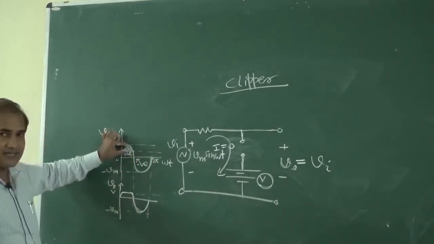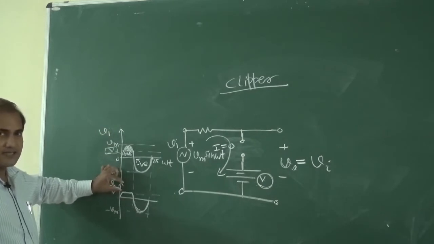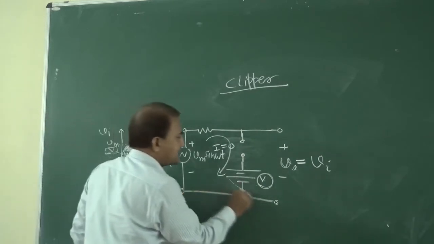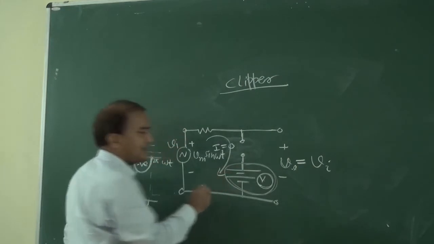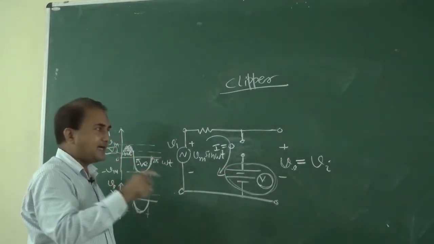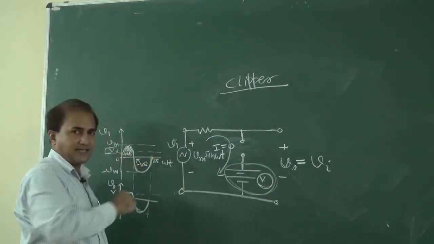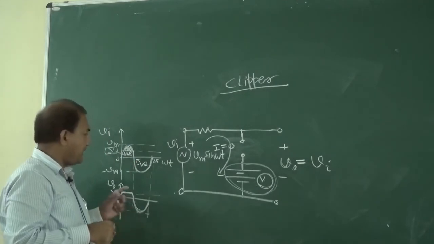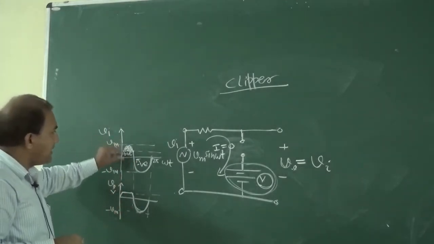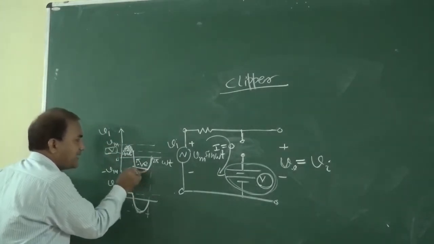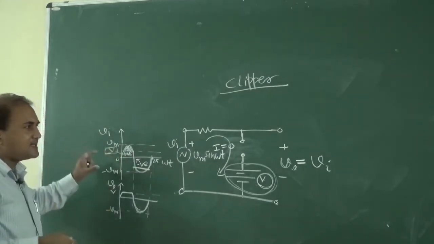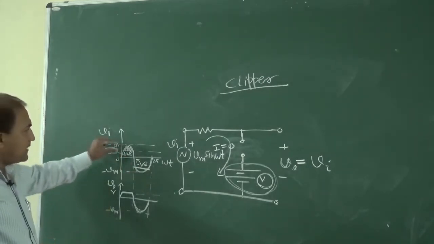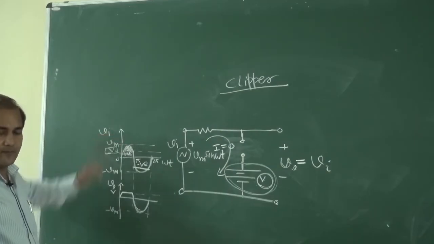Only this part is clipped here. This is because of the addition of some external DC bias voltage in this clipper circuit. So we can clip any part like this. In this way we can clip some part of the input waveform.